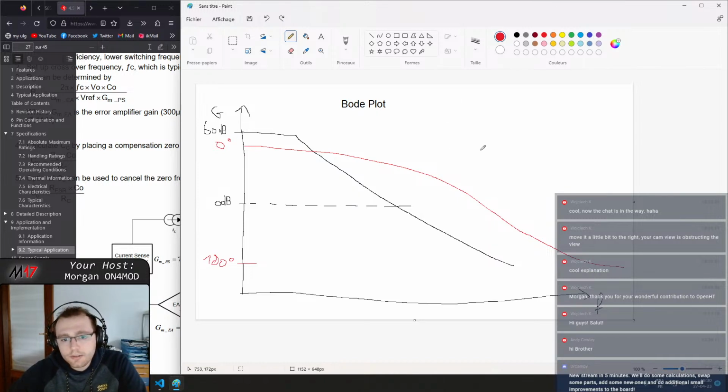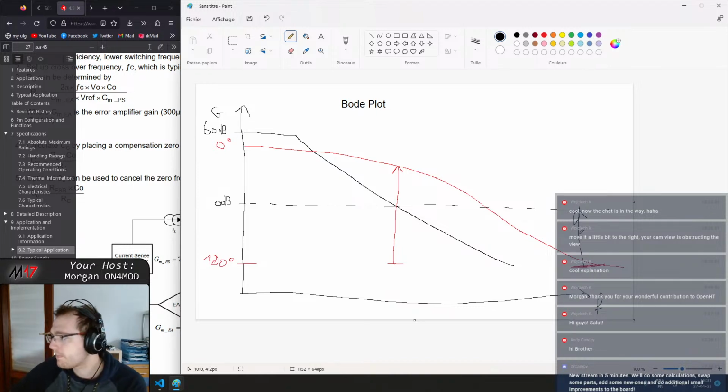I'm gonna choose red. So we have this, and it is called the phase margin because it is how close we are from 180 degrees at the 0 decibel point. And then also at the minus 180 degrees, right here, we want to know how close we are from the 0 dB line. And it's called the gain margin.